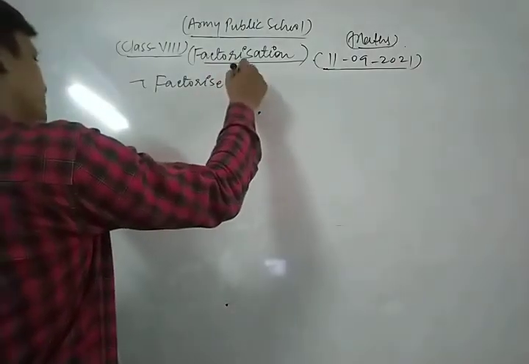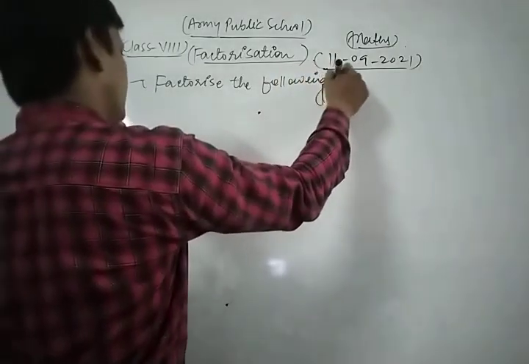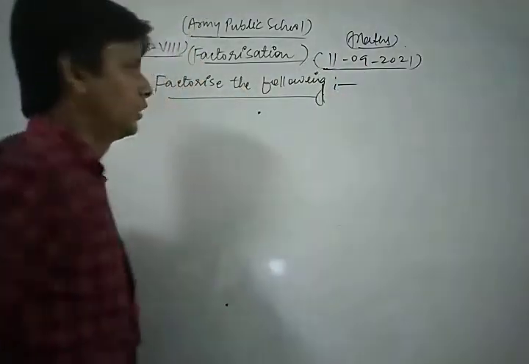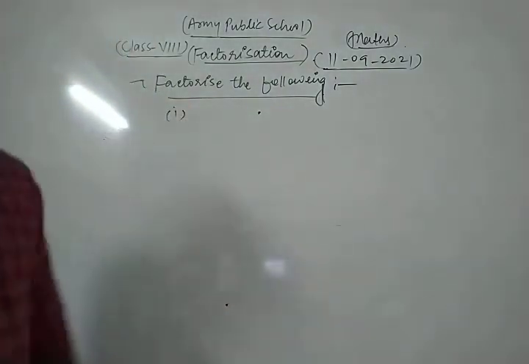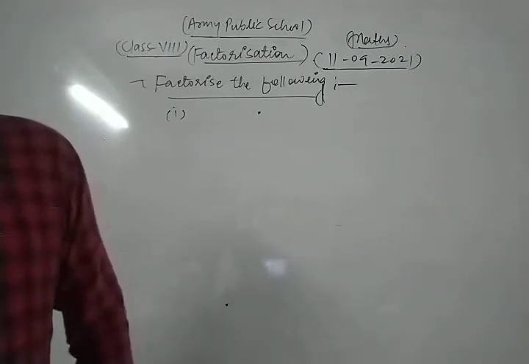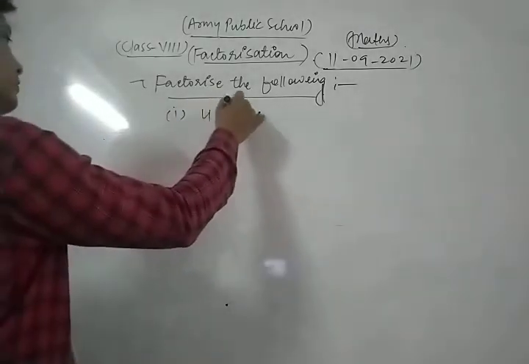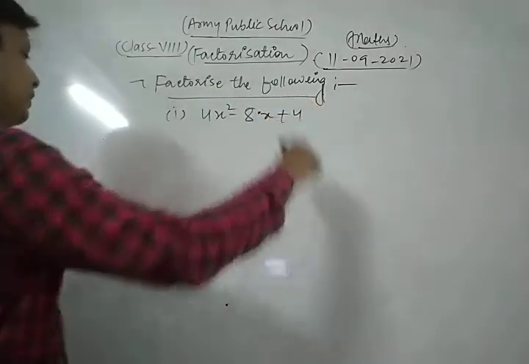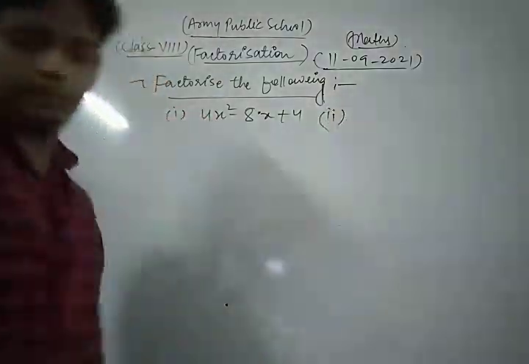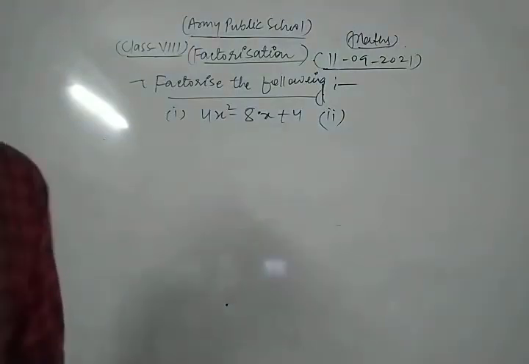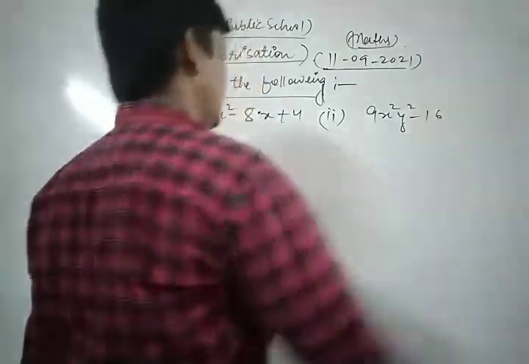The first part of this question is 4x square minus 8x plus 4. The second part of this question we write as 9x square minus y square minus 16.